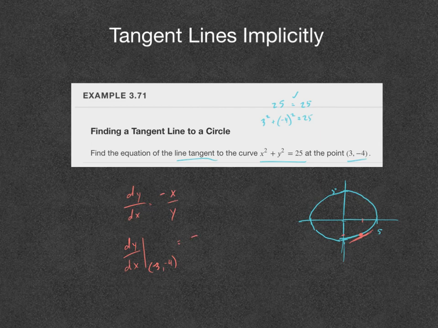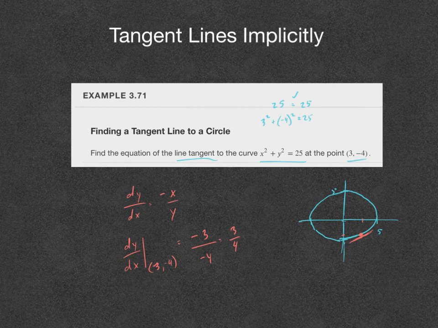So it's negative 3 over, and then the y coordinate is negative 4. So that's not terrible. Now, this was made a little bit easier because we already had the derivative. In general, you'll first have to find the derivative and then plug in your point. So this simplifies to a positive slope of 3/4. So that was what I expected to happen. The slope is positive, so it's a slope of up 3 over 4.